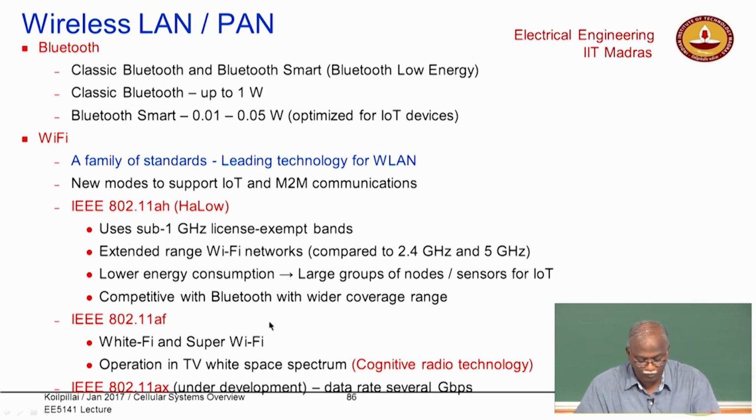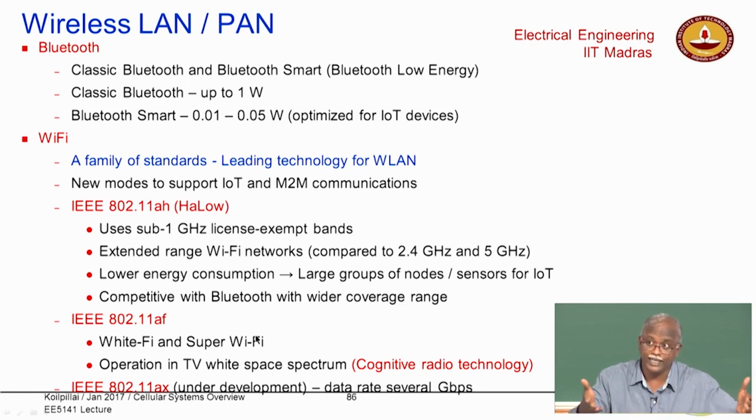There is another flavor of Wi-Fi which operates in the unlicensed band, in what is called the white space. White space is current TV channels. TV channels were all given radio spectrum, but most of the TV channels today are either through cable or through satellite, so they do not do terrestrial broadcasting.